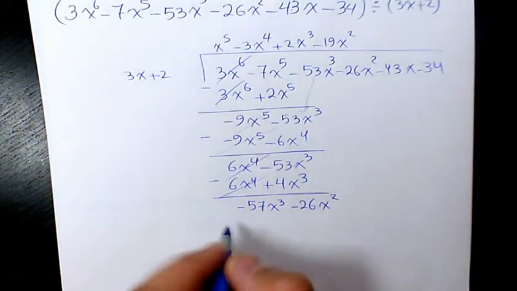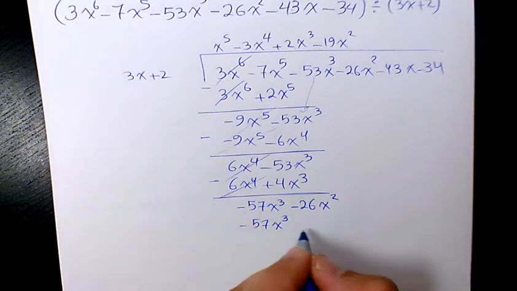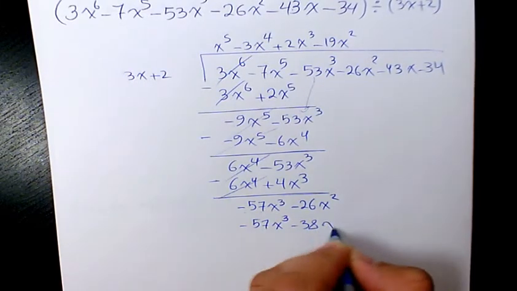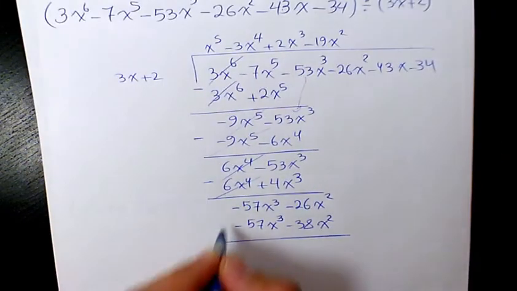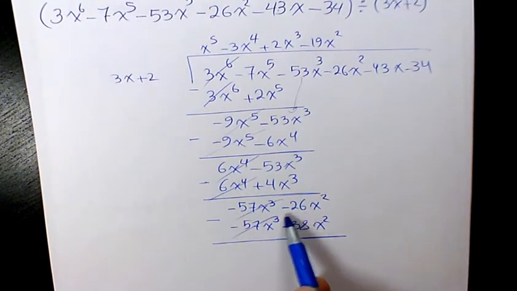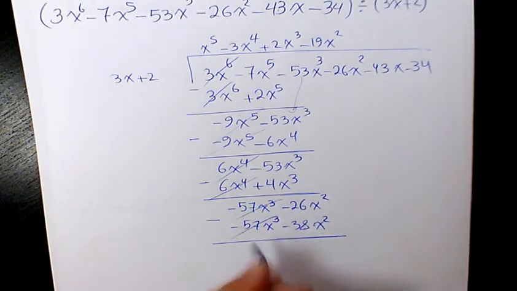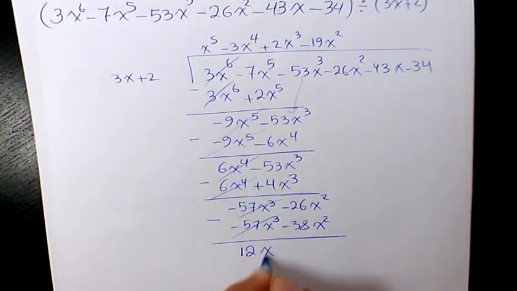When you multiply it, it's going to be negative 57x cubed minus 38x squared. When you subtract it, these two cancel out. And here we have negative 26x squared plus 38x squared, which will be 12x squared.